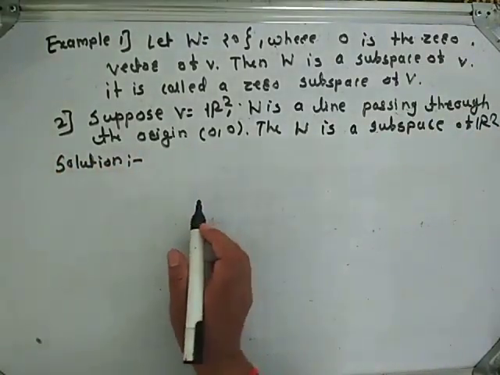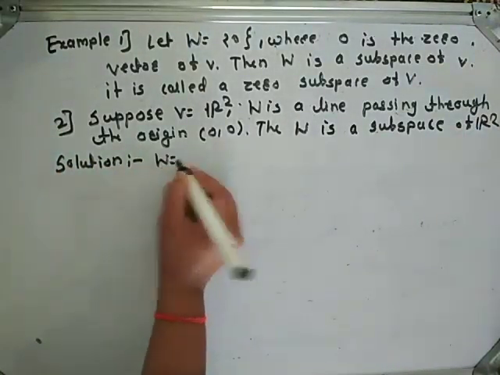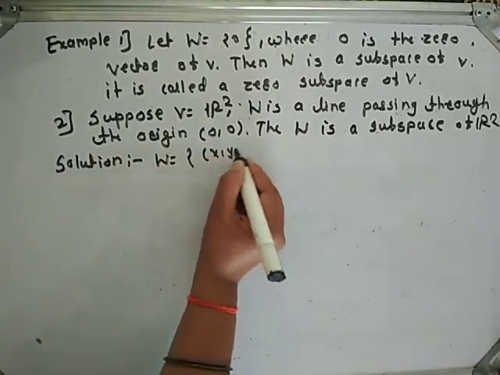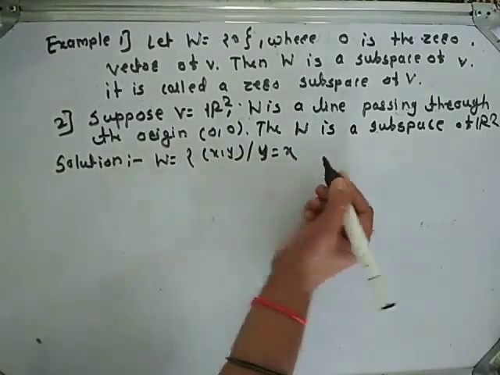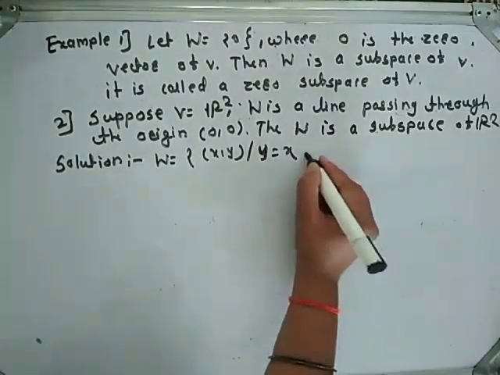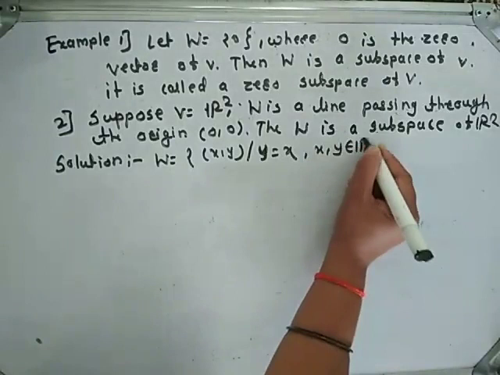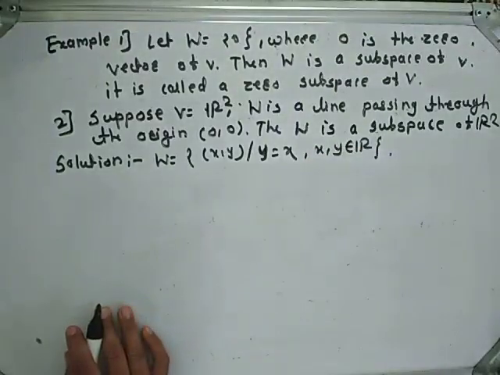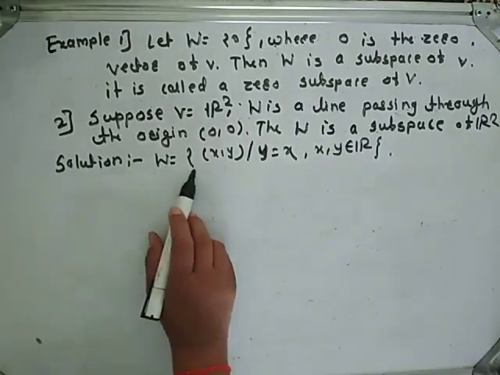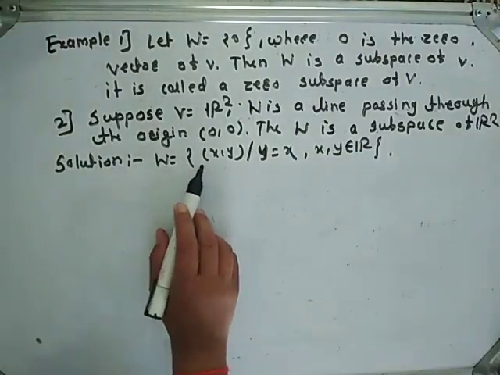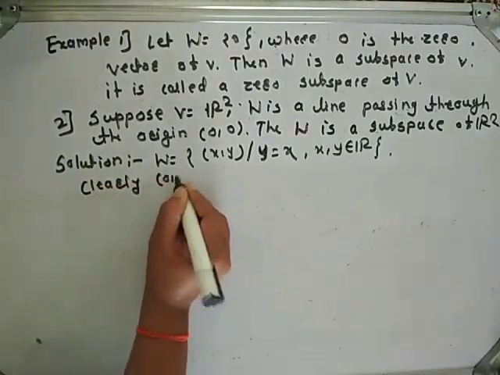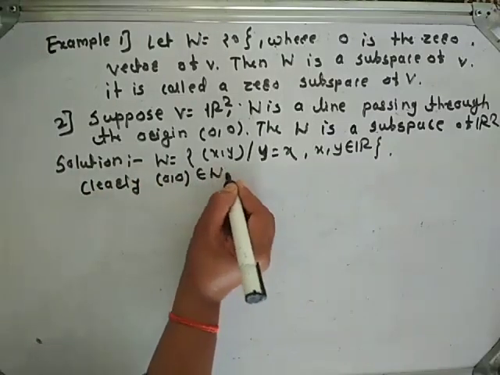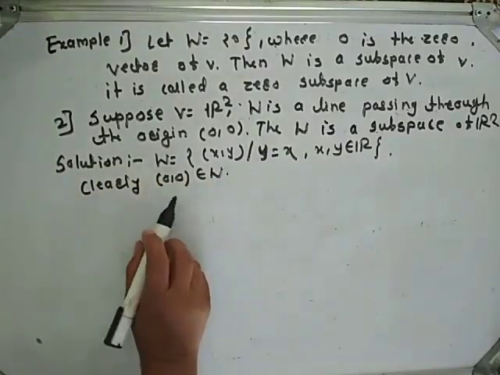Here W is a line passing through the origin. Means what? W is the set of all ordered pairs (x, y) such that y equals x, where x and y belong to R. We have to prove that this W is a subspace of R2. First, clearly the ordered pair (0, 0) belongs to W. Obviously.